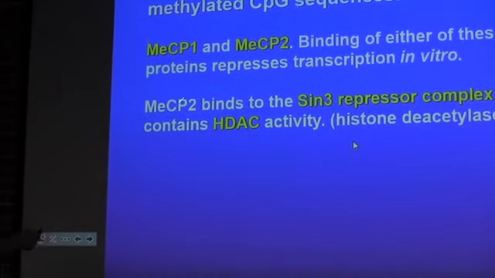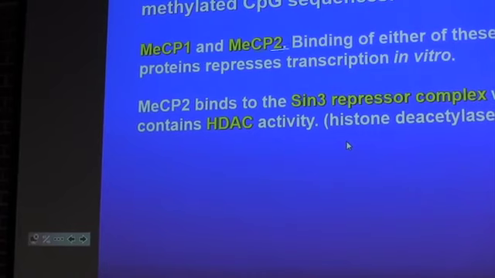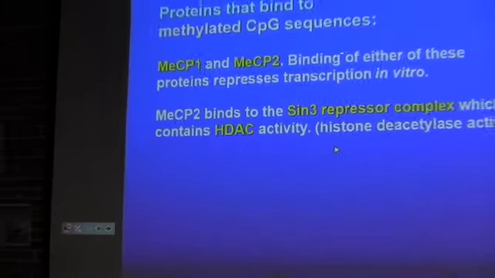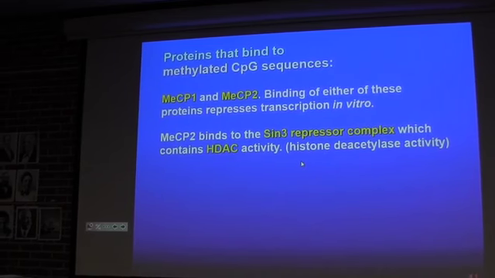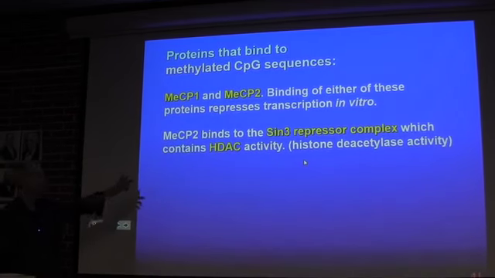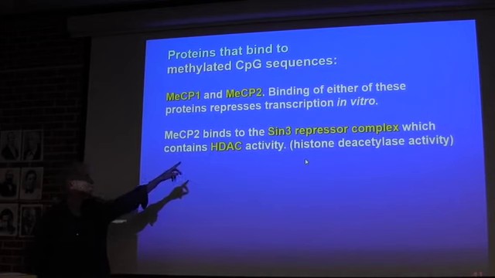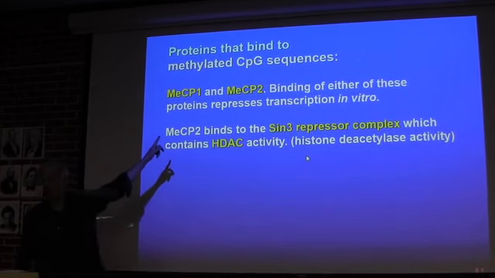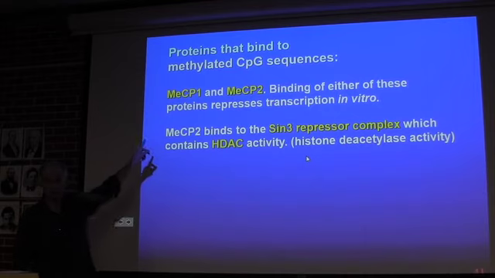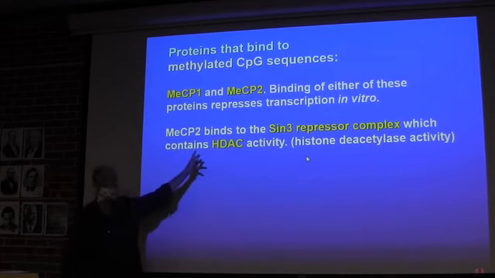MECP2. So this is an example where these proteins which bind to the methylated CpG doublet recruit a specific complex that contains an HDAC. So in a sense, they would be repressors in a functional sense, MECP1 and 2, because they recognize the DNA directly and they recruit an action complex.